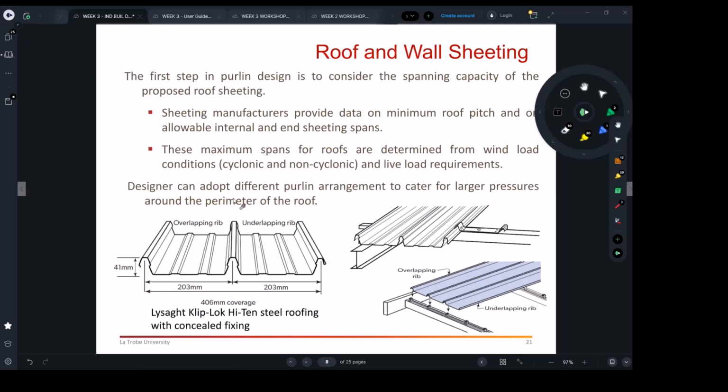These sheets come in different profiles. Some of them are strong and some weak in terms of resisting live load. If you want sheets that will carry some heavy duty services loads, they can go up to 3 kPa, 300 kilograms, then you have to go to strongly profiled cold formed sheets.